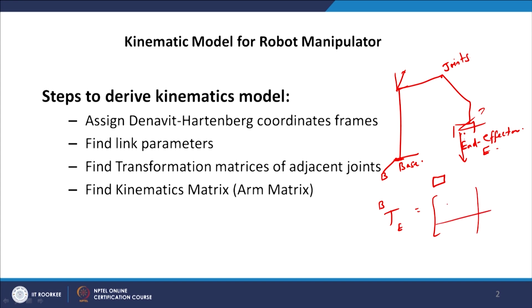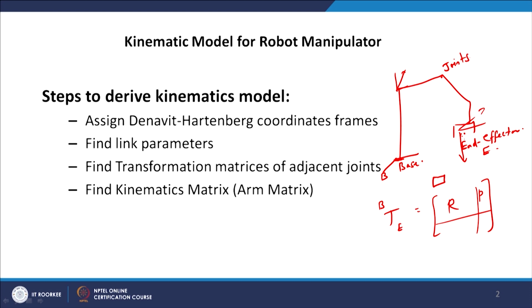In this, the first 3 by 3 matrix represents the rotation or the orientation of the end effector with respect to the base coordinate frame, and the last column we can call the vector P, representing the position of the end effector.